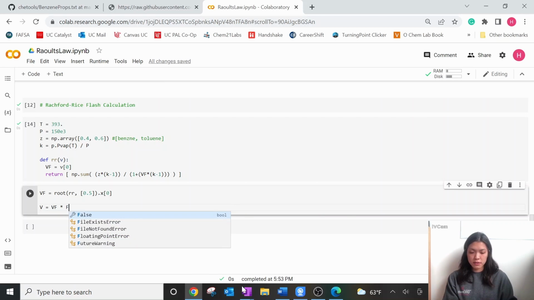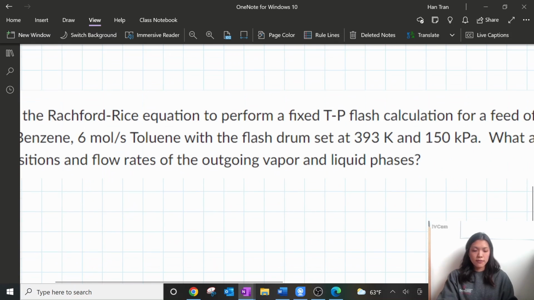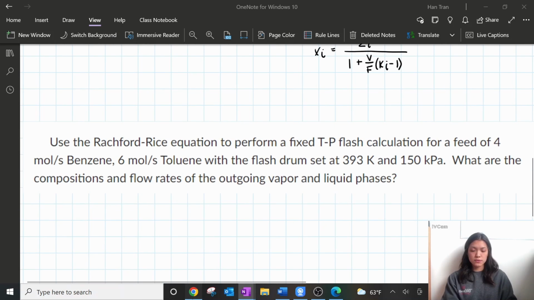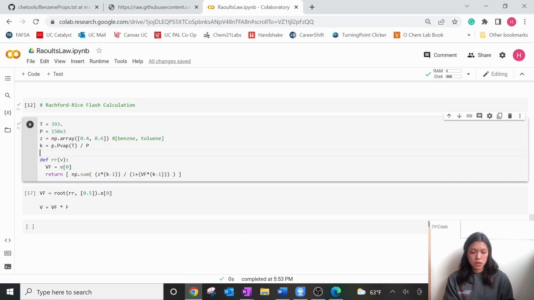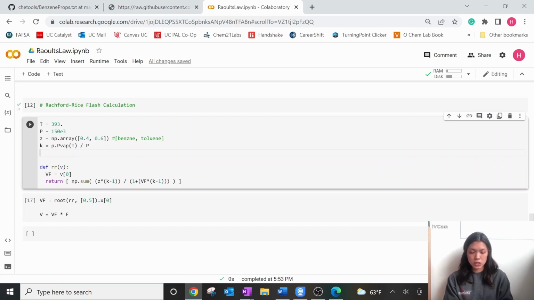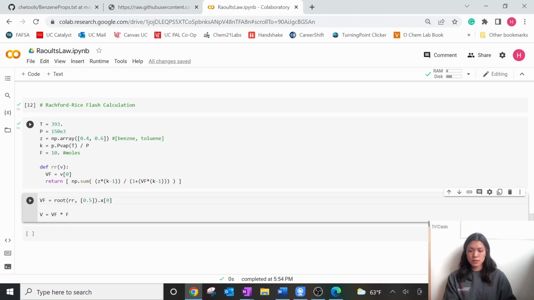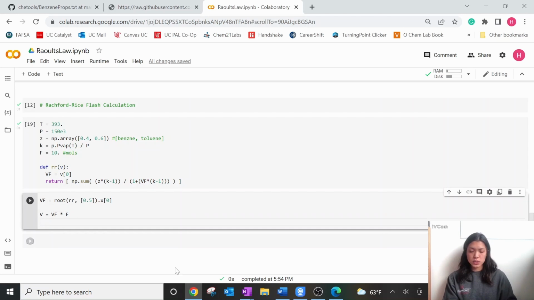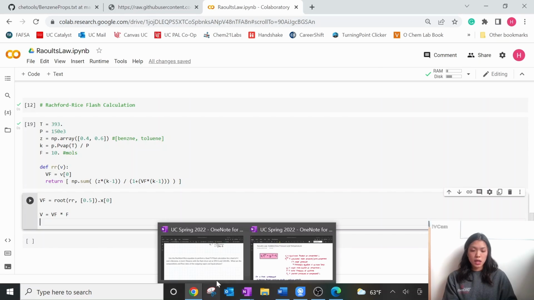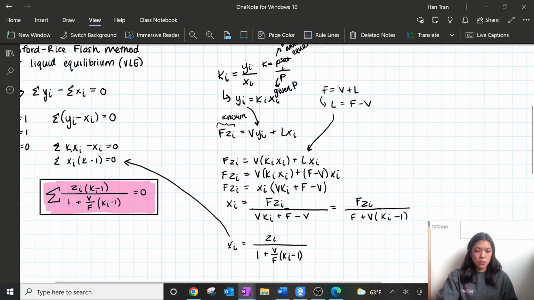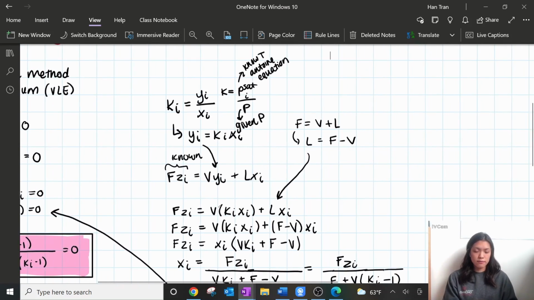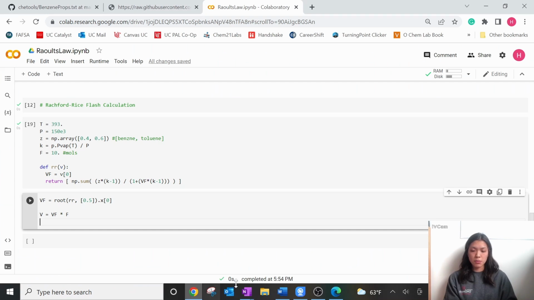So we are also given the feed because we are told that 4 moles of benzene and 6 moles of toluene, that gives us a total of 10 moles. So our feed is going to be 10 moles. What's next is we want to calculate our liquid. And so in this, we have that the feed equals the vapor plus the liquid. So the liquid is just the feed minus the vapor.